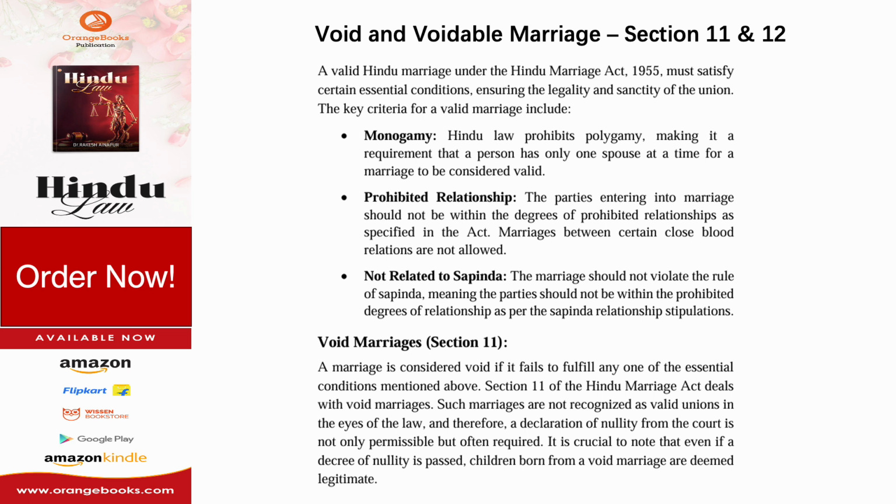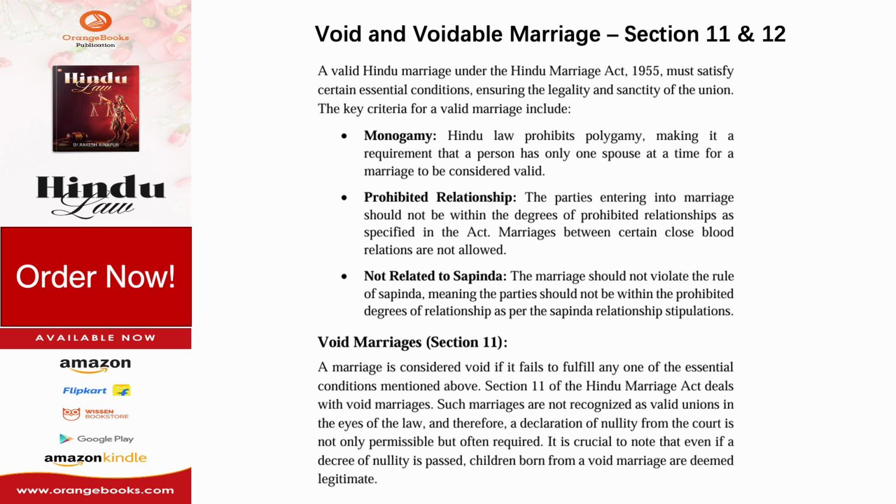Those are our valid marriages. If any of these conditions fail, then that marriage is called a void marriage. A void marriage means the marriage will not have any effect in the eyes of law. So if any of the conditions are not met, it will be called a void marriage, and a decree of nullity of this marriage should be taken from the court to avoid any future complexities.